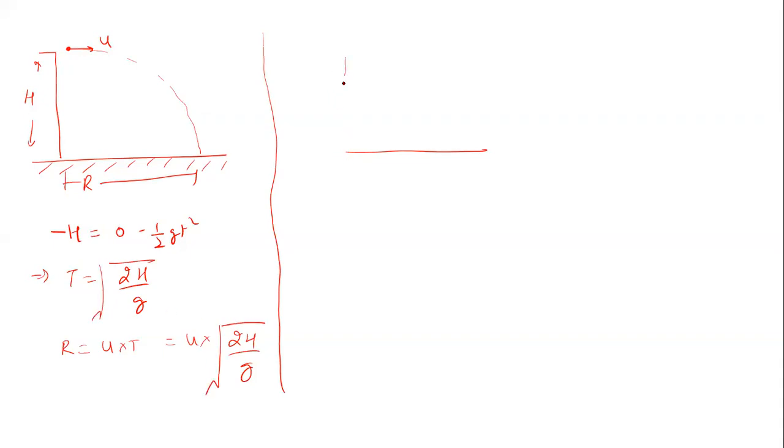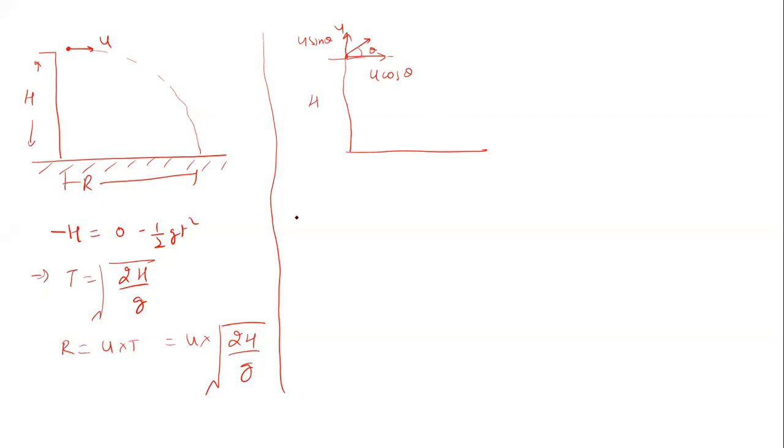Next, we have another projectile from height h, and we are throwing upward with some angle theta. In that case, this is the height of the building. We will have two components, u cos theta and u sin theta.